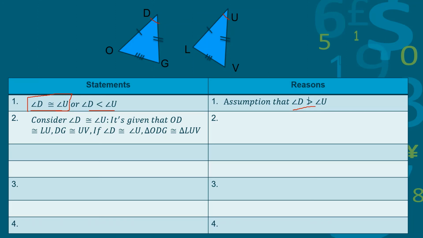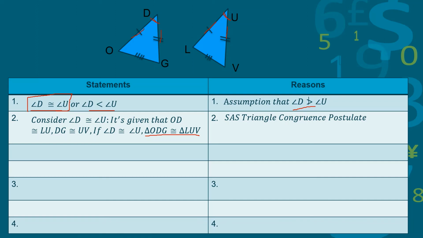So, based on the congruent parts, we can say that triangle ODG is congruent to triangle LUV by SAS congruence postulate. Kasi sabi natin, itong OD congruent to LU, DG congruent sa UV, and the included angle D congruent sa angle U. Kaya meron tayong SAS congruence postulate.